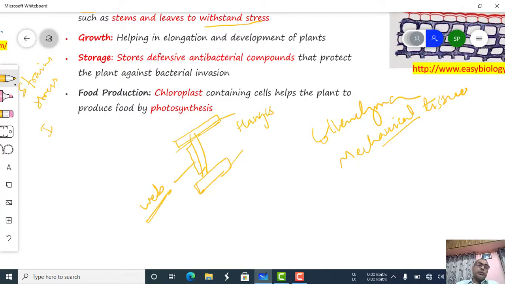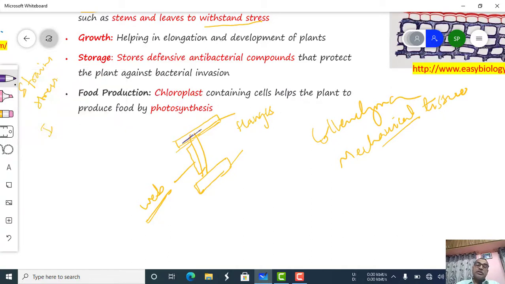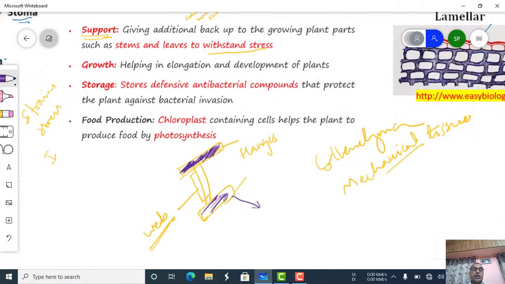So when we consider an I-shaped girder, the regions of the flanges are formed by a mechanical tissue. Collenchyma itself forms the I-shaped girder in the dicot stem. In the leaves, when present at the margins, they help against shearing stress.